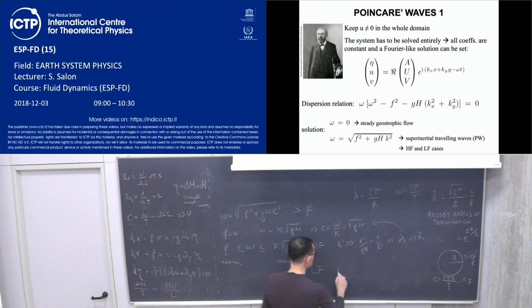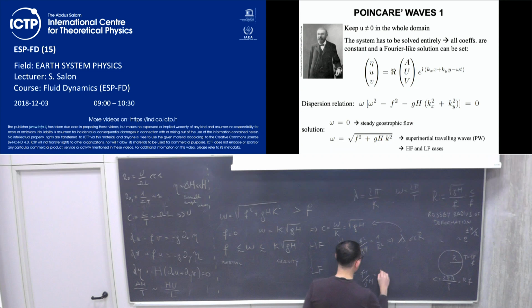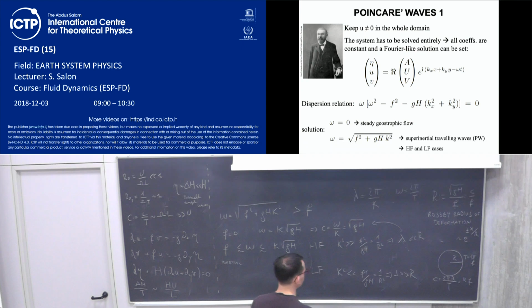In the other case, k squared much smaller than f squared over gh, which is equal to 1 over R squared, it means, of course, that we will have wavelength much larger than R. And in this case, if this term is much smaller than this, of course, we will have that omega is equal to f. Okay?